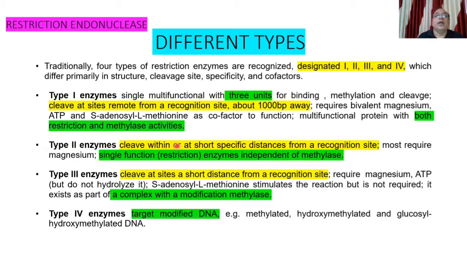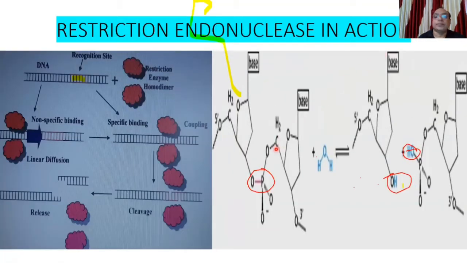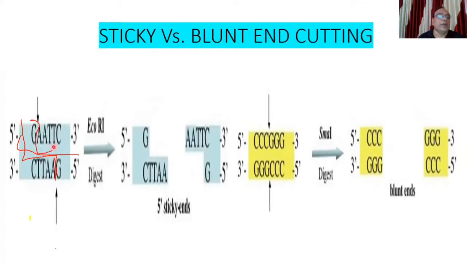As we have seen earlier, it cuts here. We see that it has cut not across the recognition site, that is, it has cut not in this way, not across this recognition site, but a few bases away from the recognition site on either strand.